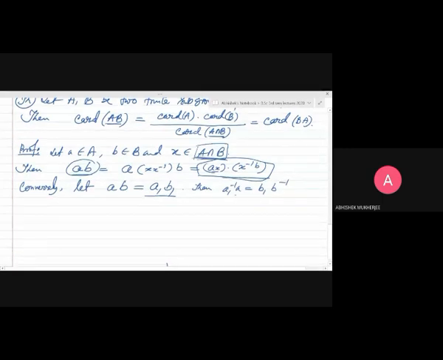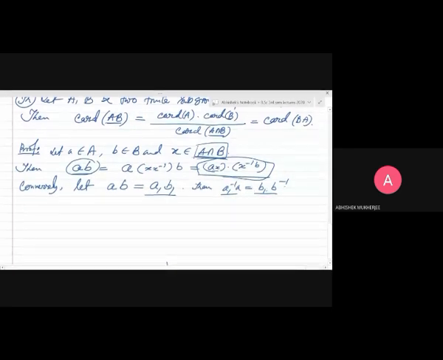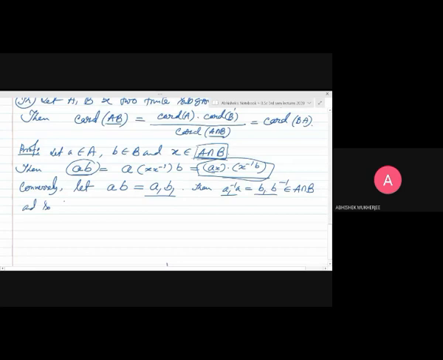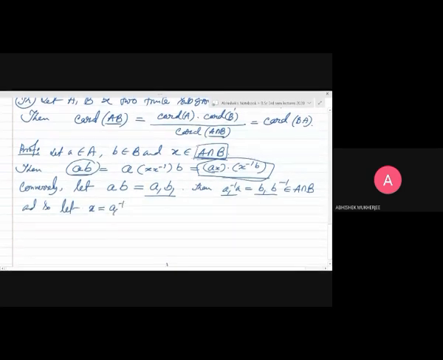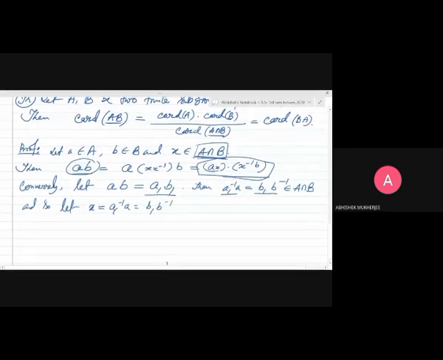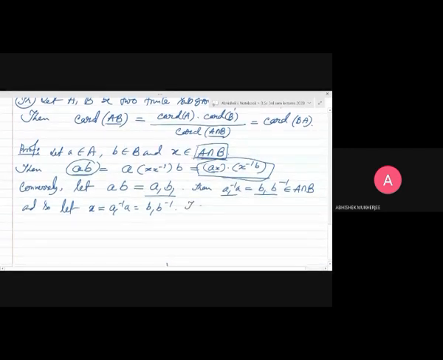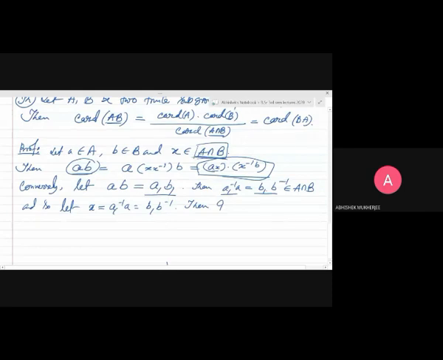So these two elements are equal, but this element is in A and this is in B. So that means this element is in A intersection B. Let x be a1 inverse a or b1 b inverse, whatever. Using this x, what is a? a is a1 x.